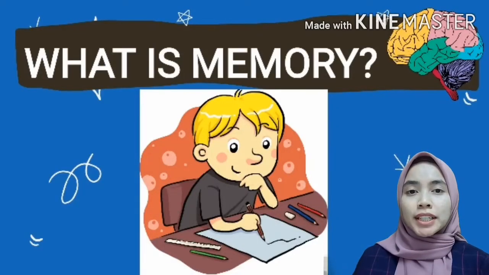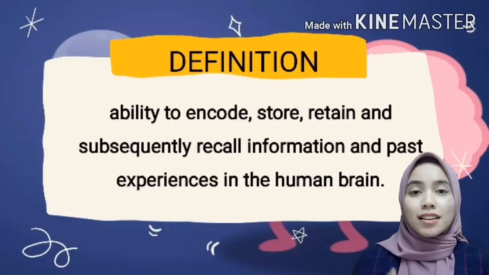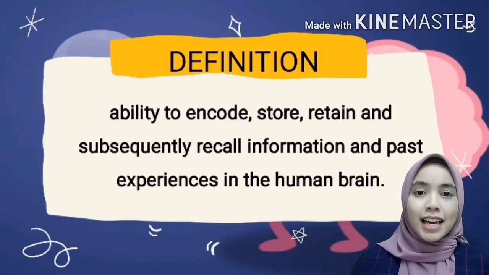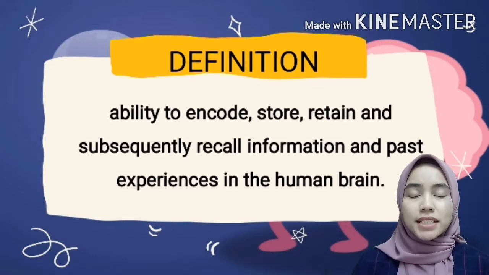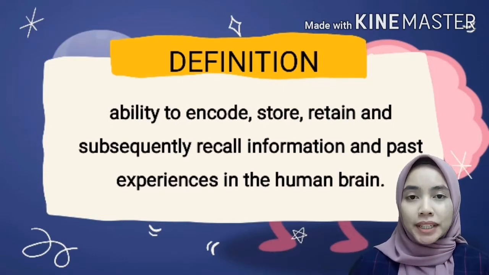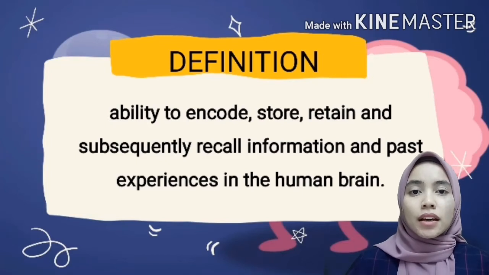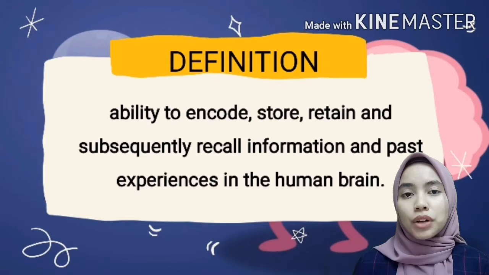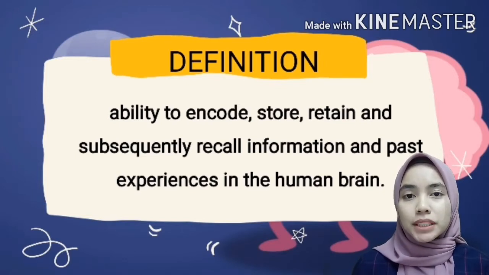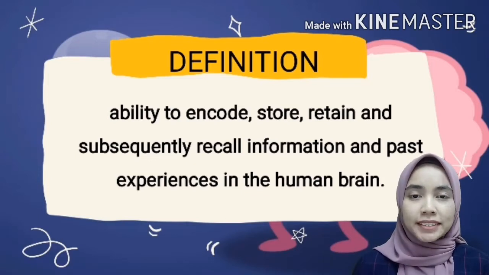What is memory? Memory is the ability to encode, store, retain, and subsequently recall information and past experience in the human brain. Okay, the information we save into our memory can be used later. For example, before this we learned about motor abilities. Am I right?